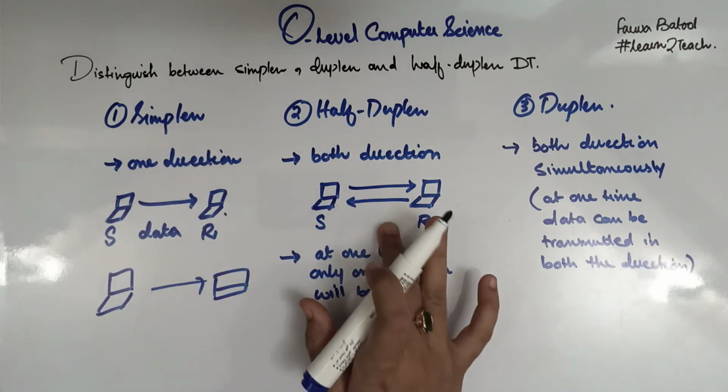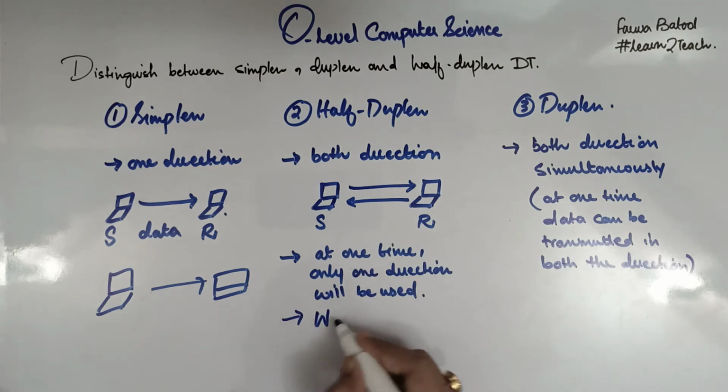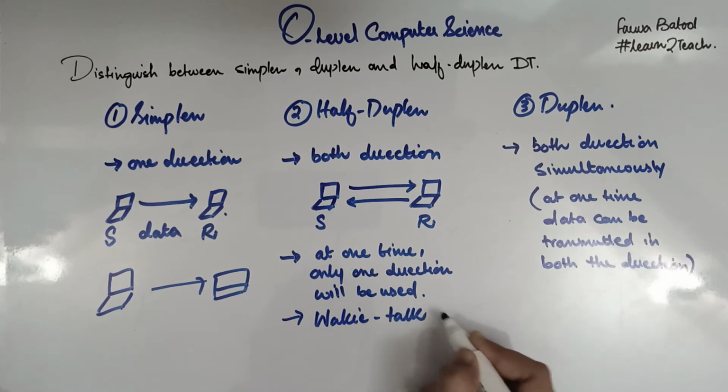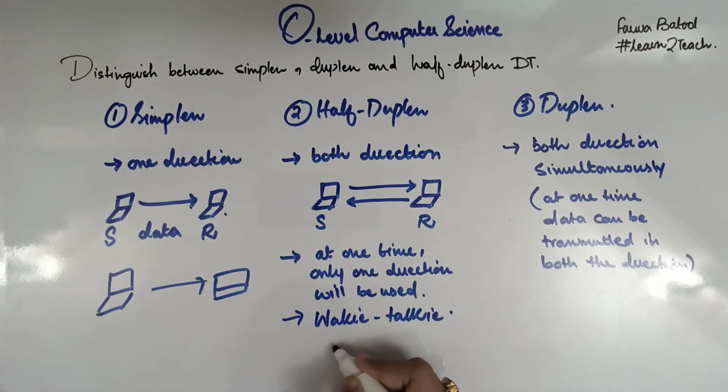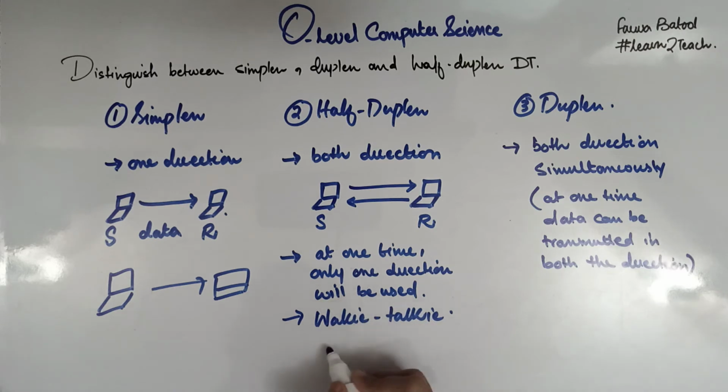If I talk about half-duplex, then here I can talk about a walkie-talkie, a radio device. A walkie-talkie is a device in which you have a push-to-talk button.